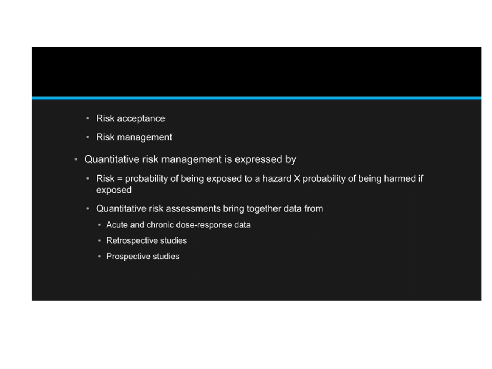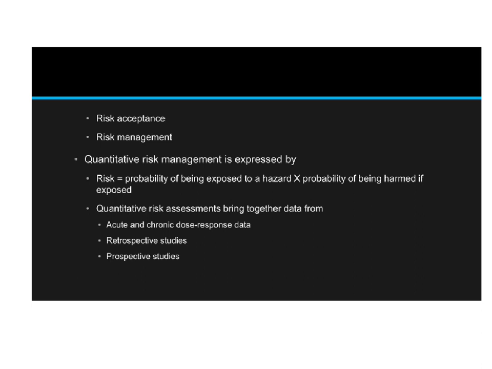Quantitative risk management is expressed by a very simple math problem. The risk is equal to the probability of being exposed to a hazard multiplied by the probability of being harmed if exposed. So if you have a high probability of being exposed and a high probability of being harmed, your risk is going to be pretty high.